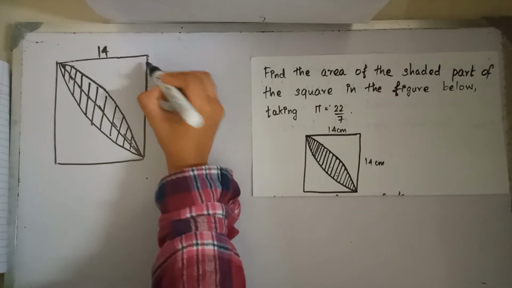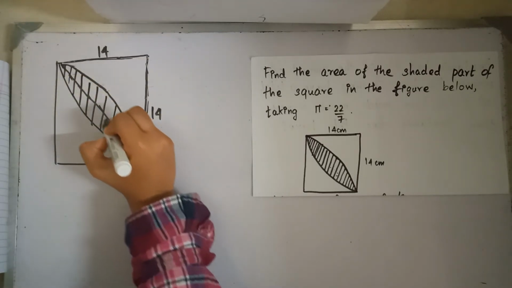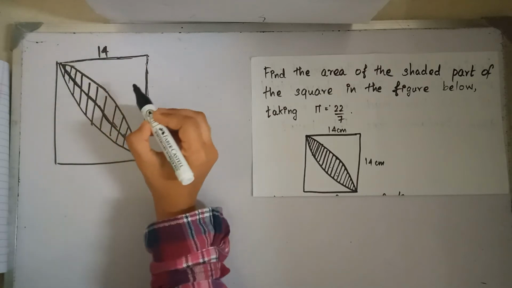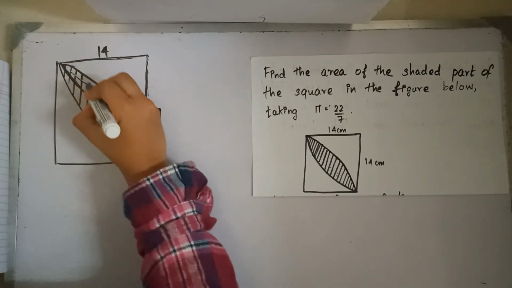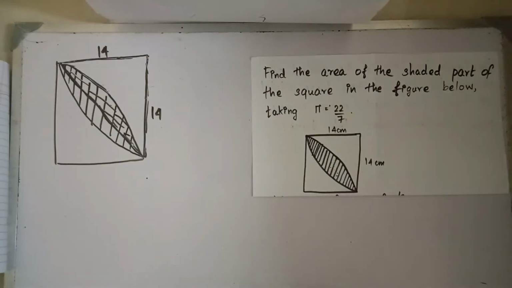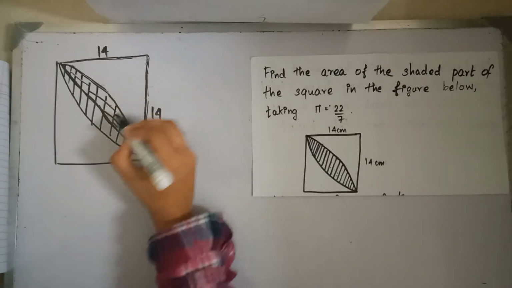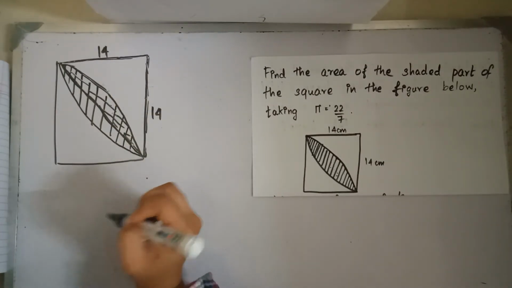But even if we have the area of this triangle, how do we find this shaded region? Do you get what I mean? Even if we have the triangle, we can't find this region. So we need to find another known figure.